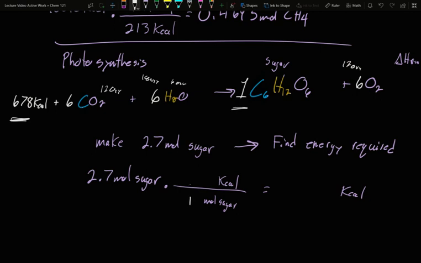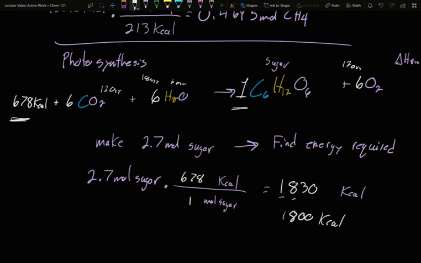So 1 mole of sugar, 678 kcals. What we'll find for that is 1,830 kcals of energy, which I guess to 2 sig figs, about 1,800 kcals. So to make that sugar, our plant had to absorb 1,800 kilocalories of energy.